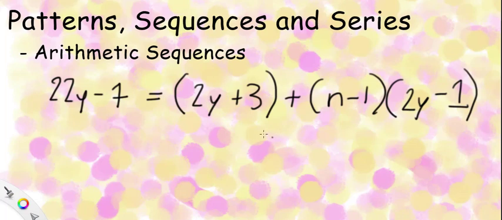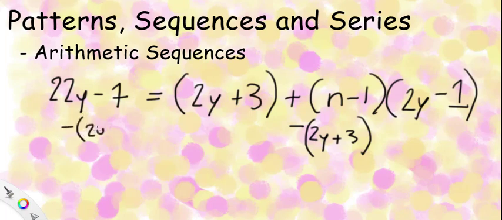Okay, the first thing we'll do is we will subtract the added terms. We'll do it on both sides of the equation because that's how we deal with equations. So on this side we'll say minus (2y plus 3), brackets are very important. And on this side we'll also say minus (2y plus 3). And now you understand why I always insist that we should use the brackets.